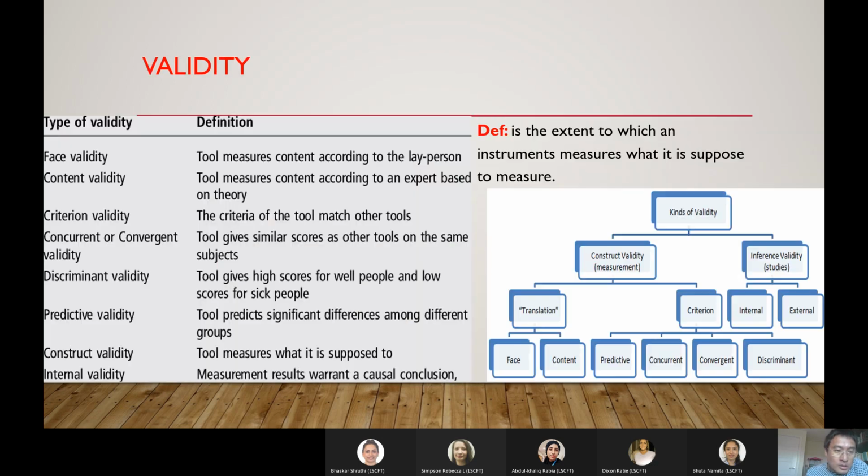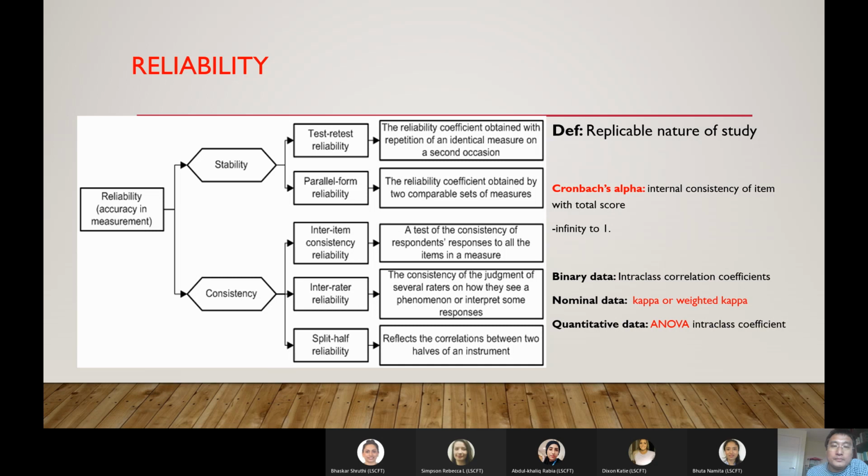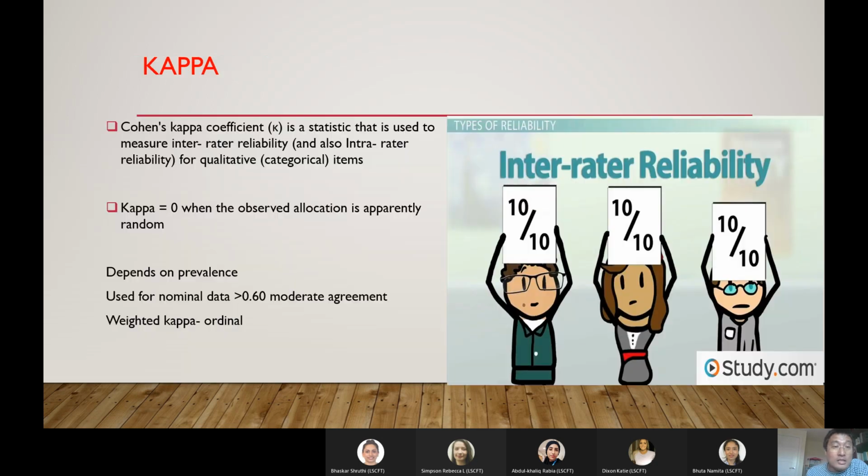So the tricky question is, if someone wants to measure inter-rater reliability, is the statistical method Cohen's kappa coefficient or Cronbach's alpha? Kappa. So keep in mind, if it is internal consistency, this is the answer and the range is this one. But if it is inter-rater reliability, it's this one. You tend to get confused in the exam when you are under stress. So inter-rater means you take this one.